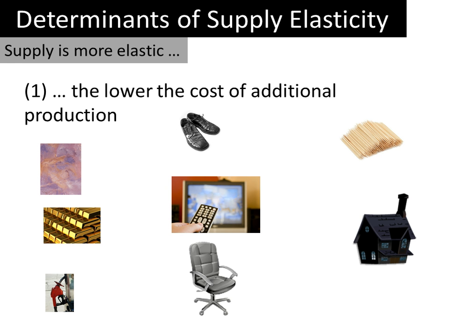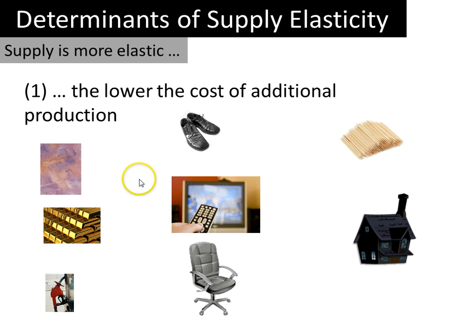Let's take the first one of these determinants. Now compare these two sets of goods. The first set consists of Picasso paintings, gold bars, and petroleum. The second set consists of shoes, TVs, and furniture. What is the difference between the two sets of goods?